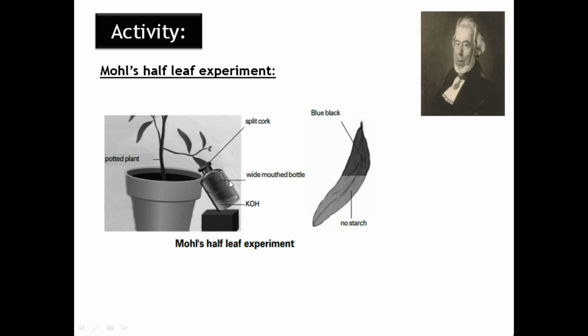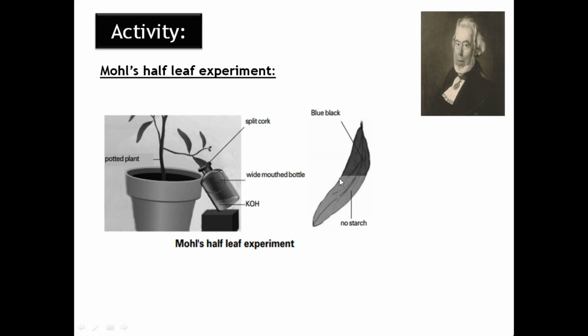Now insert one of the leaves of the destarched plant through the split cork into the bottle containing the KOH. Place the plant in the sunlight for 4 to 5 hours. After 4 to 5 hours, pluck the experimented leaf and another leaf of the same plant for the starch test.